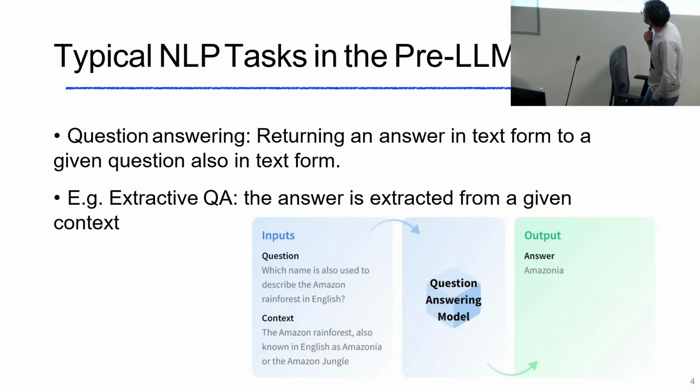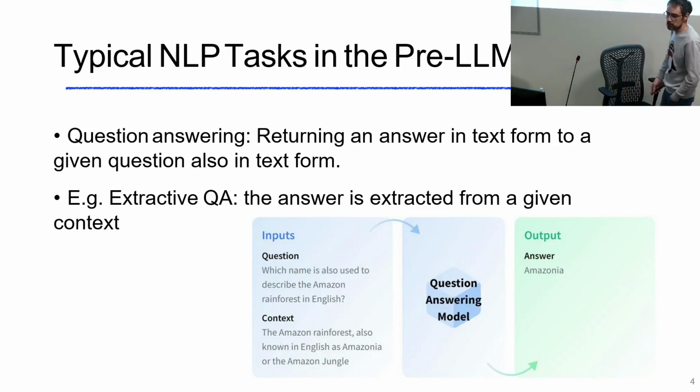Another typical task was question answering. This was actually the very first historical one, because ELIZA was basically a question answering system. So we want to express a question in textual form and get an answer in textual form. For instance, which name is also used to describe the Amazon rainforest in English? This is the context, and we want the output.